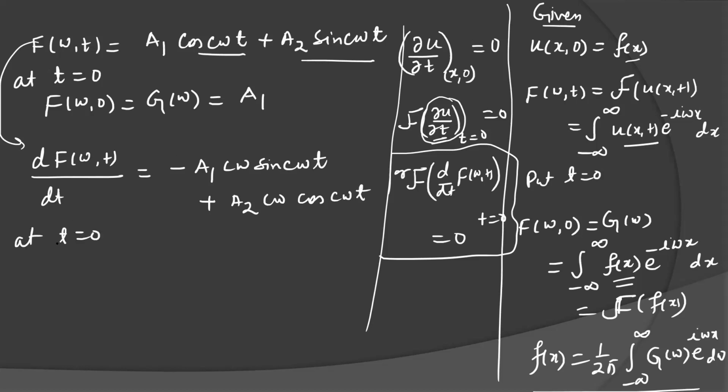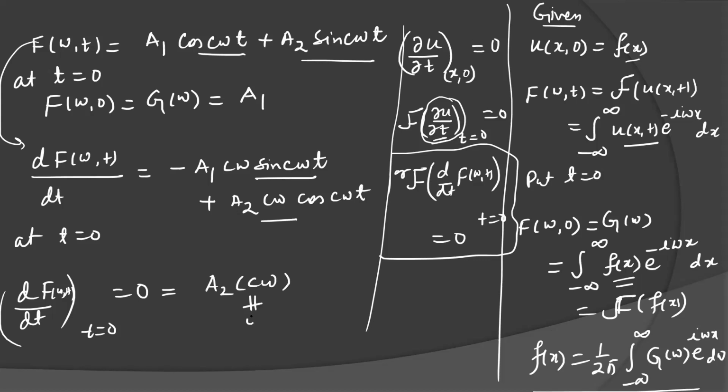At t equal to 0, dF by dt at t equal to 0 is given as 0. This is the Fourier transformation of u(x,t). So if you put t equal to 0, this term is 0. A2 c omega. Remember, c is not 0, omega is not 0. The product is 0, so ultimately A2 will be 0 here.